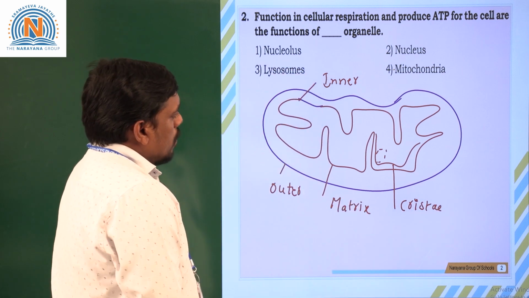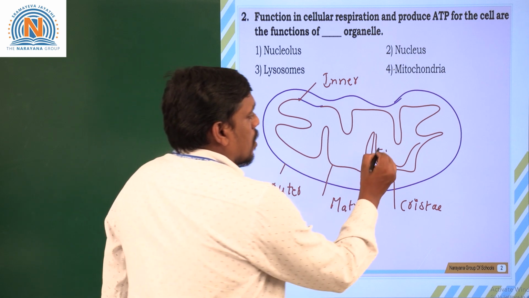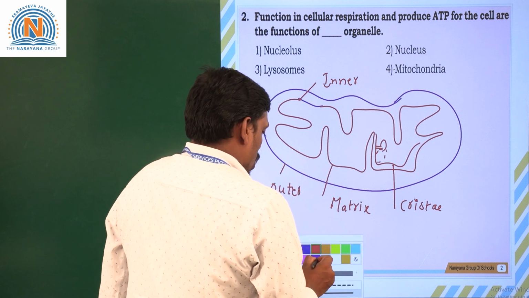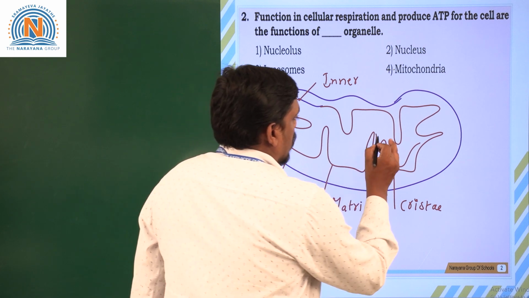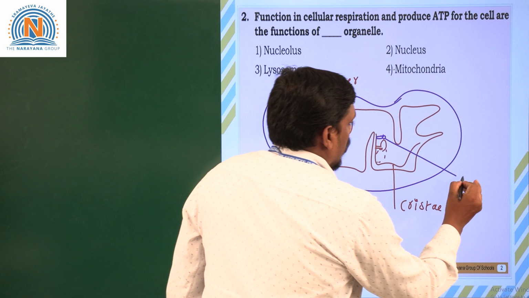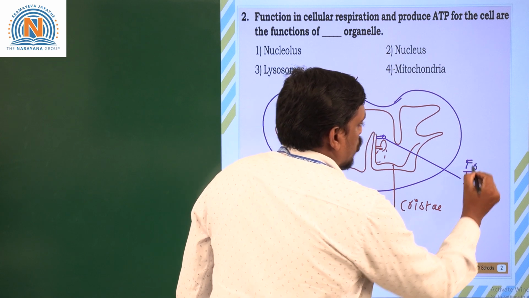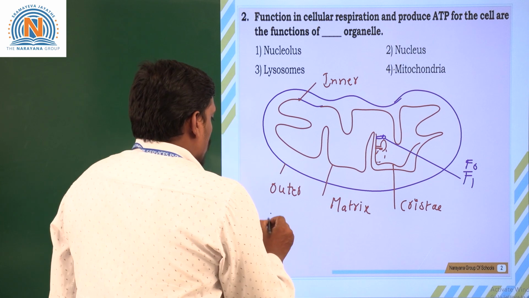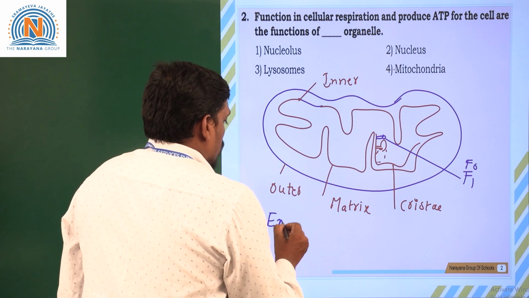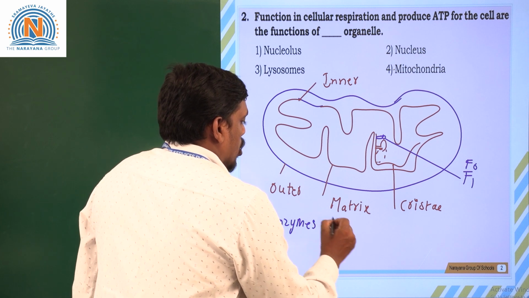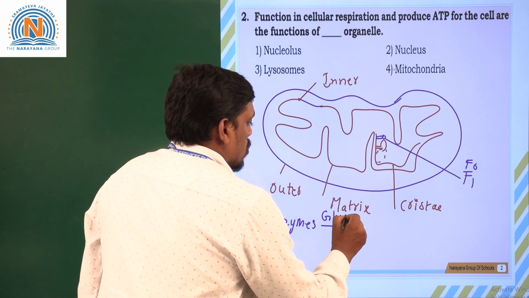The cristae contain some special particles or structures called F1 particles, and also F0 particles. These F1 and F0 particles produce some enzymes. These enzymes break down the glucose molecule.